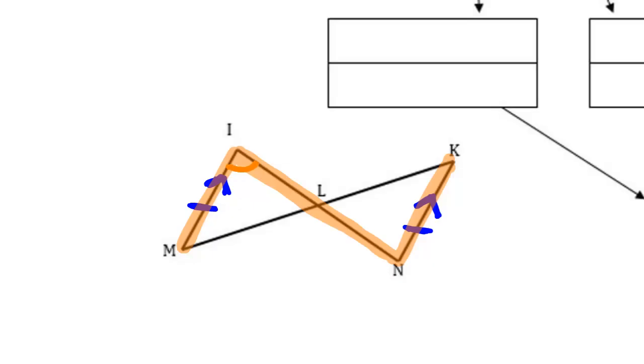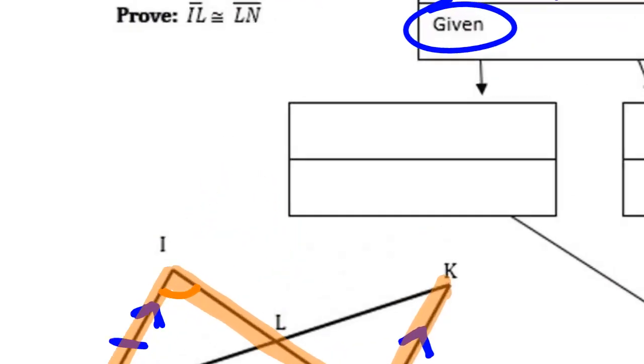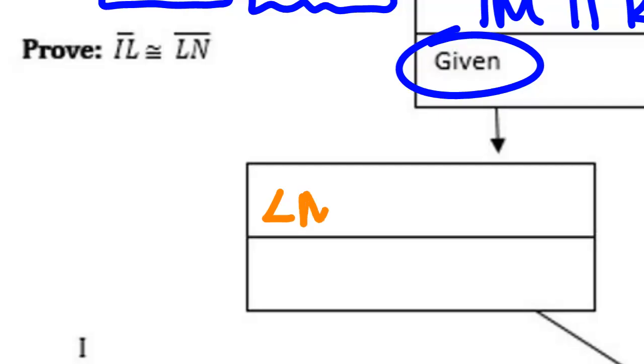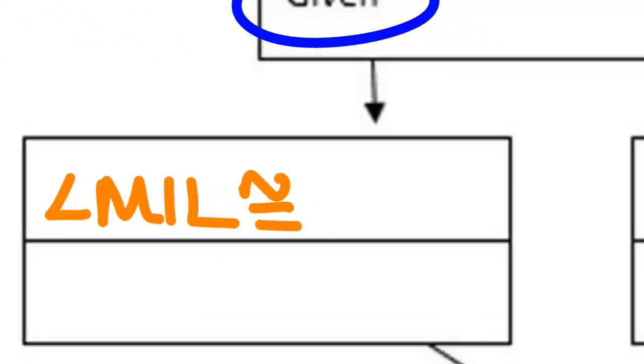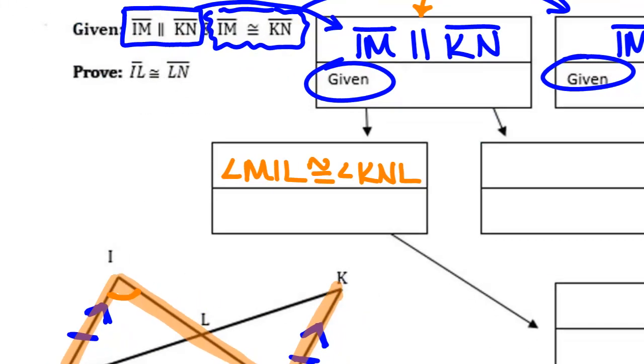Up here, match orange to orange, and down here, match orange to orange. So angle MIL is congruent to angle KNL, or LNK. What type of angles are those that I find with a Z? Alternate interior. So this is the alternate interior angles theorem.